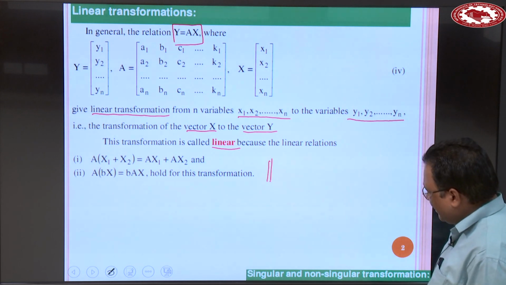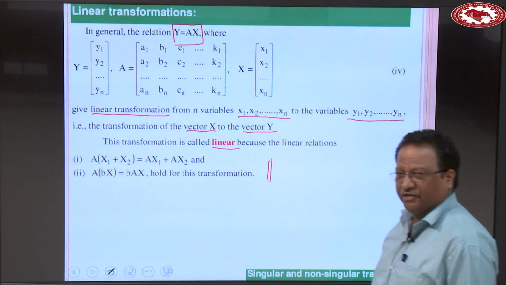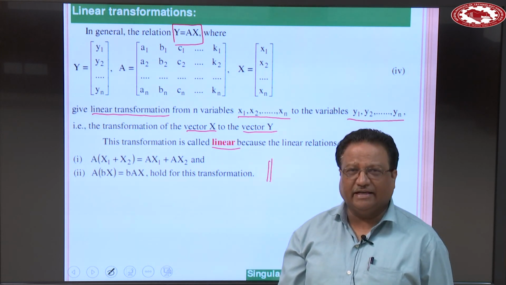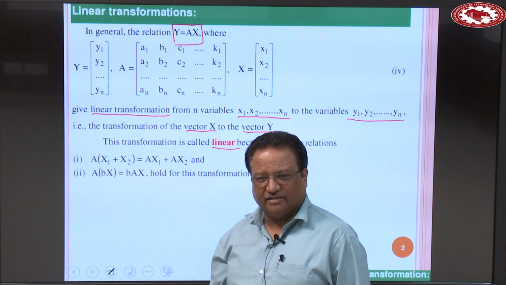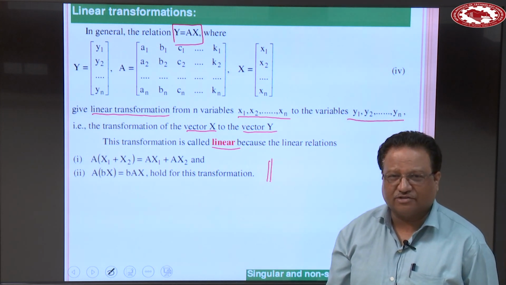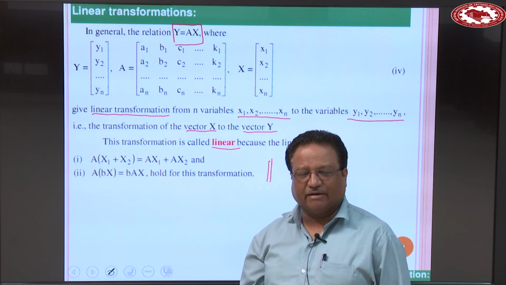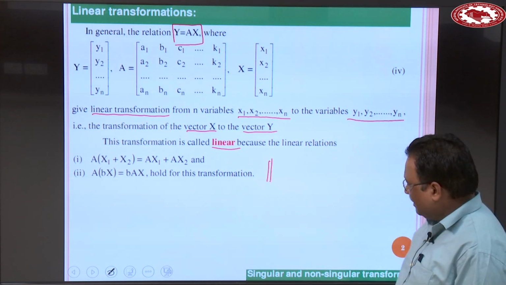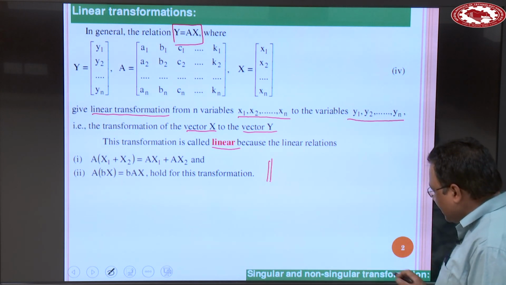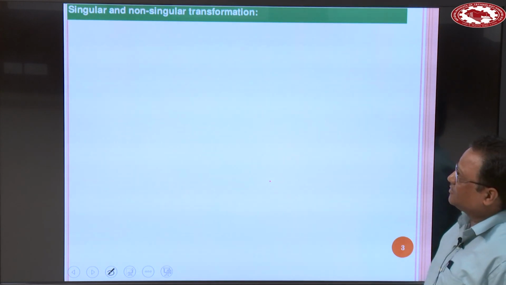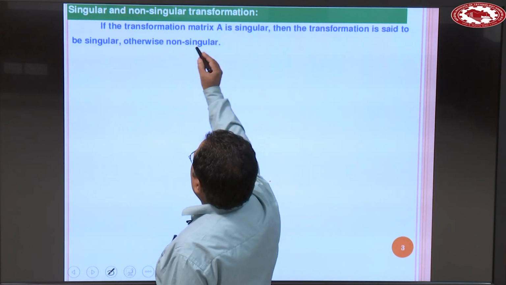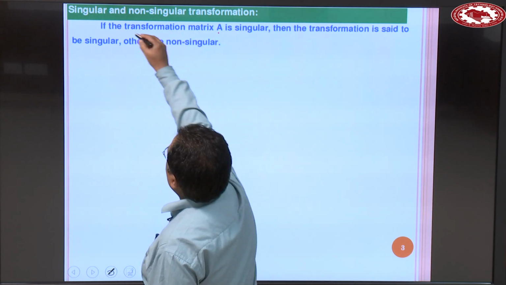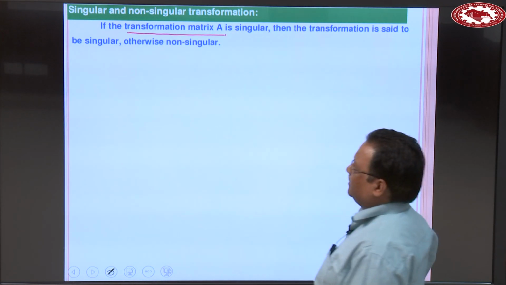Next definition: what is a singular and non-singular transformation? We know the term singular matrix. When determinant A is equal to 0, that matrix is known as a singular matrix. Similarly, if determinant A is not equal to 0, then the matrix is said to be non-singular. But here we define what a singular transformation and a non-singular transformation are.